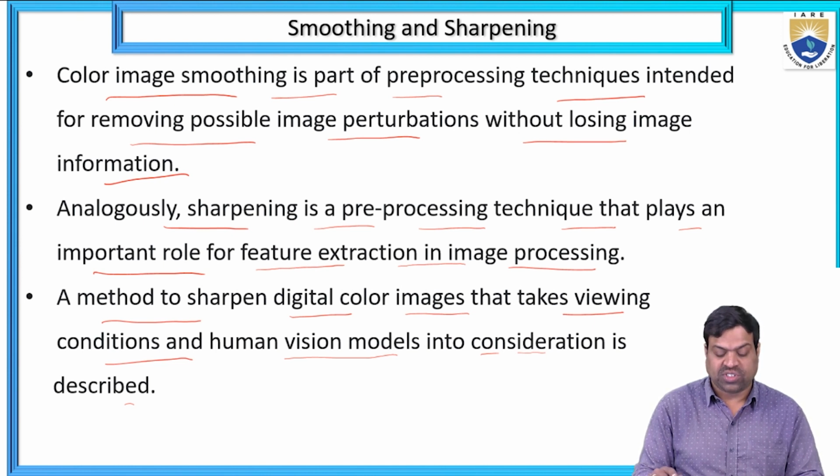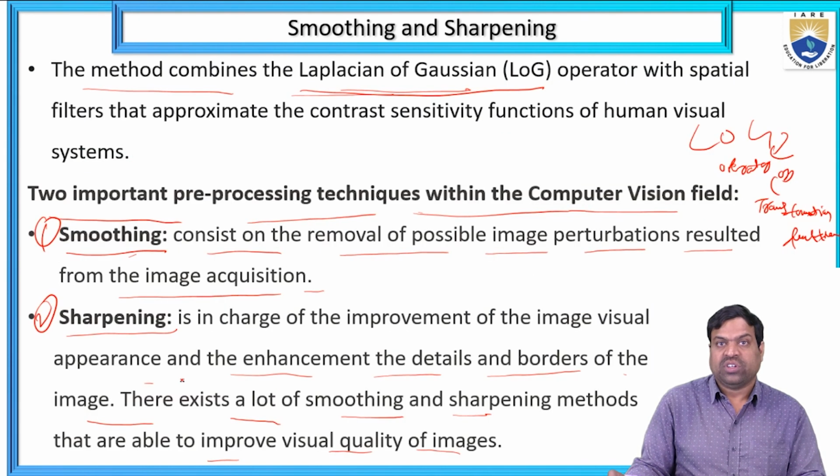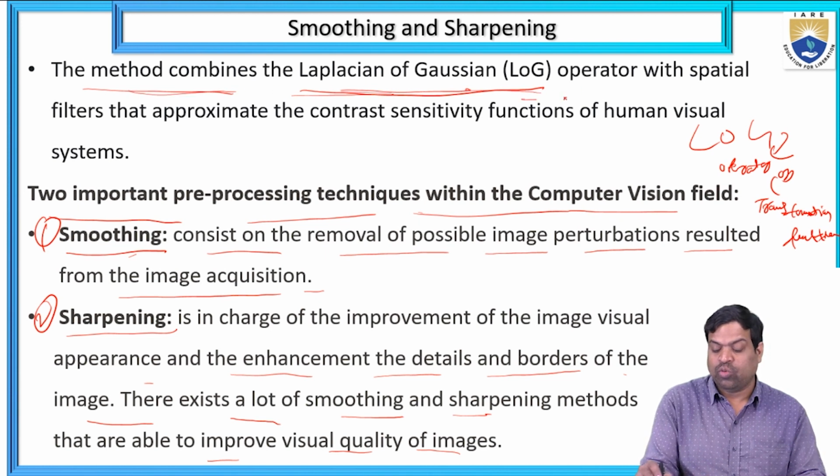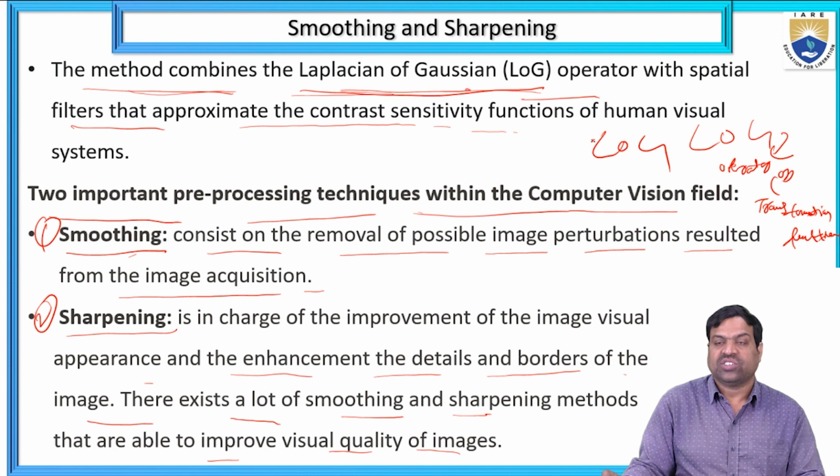A method to sharpen digital color images that takes viewing conditions and human vision models into consideration is described. We combine the Laplacian of Gaussian (LoG) operator with spatial filters that approximate the contrast sensitivity function of the human visual system.